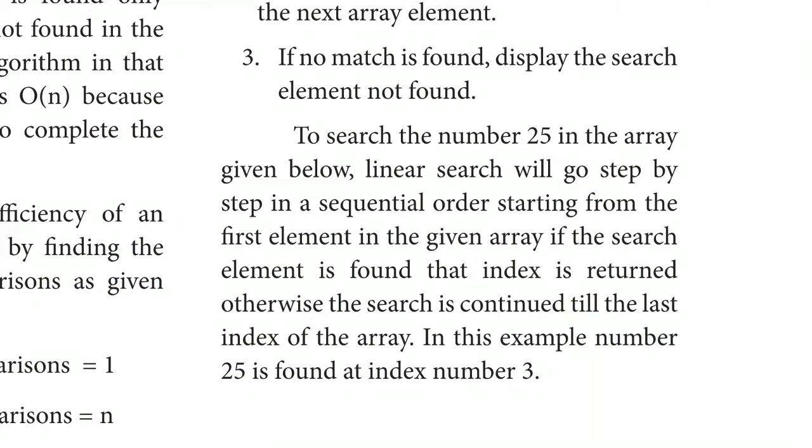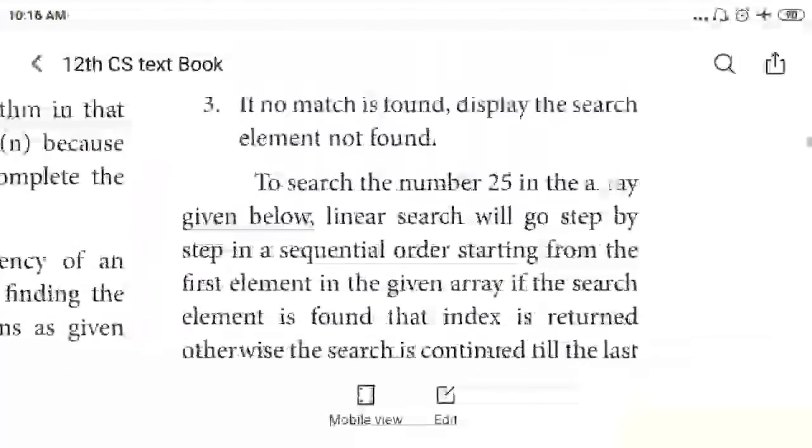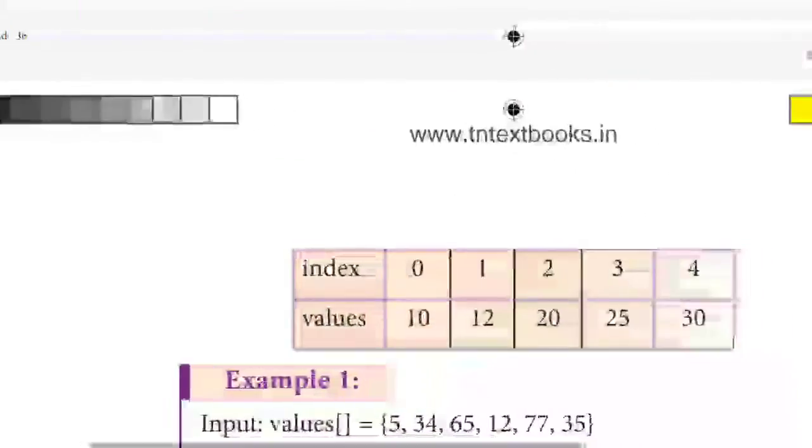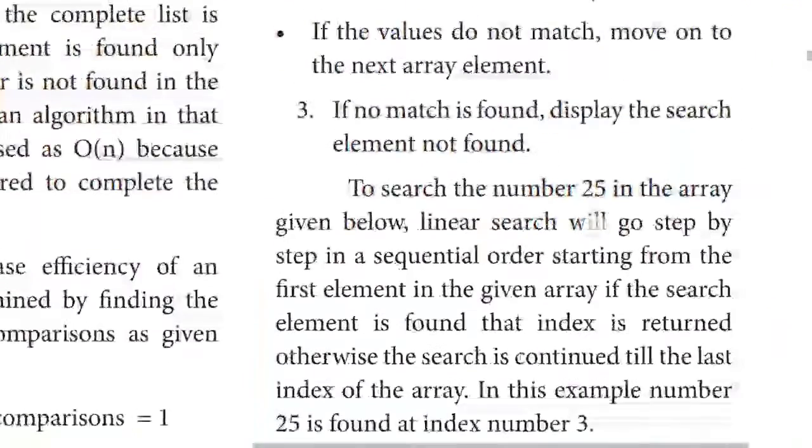In the paragraph you can see: to search the number 25 in the array given below. So you have to find the value 25 in the group of the array. Linear search will go step by step in sequential order, starting from the first element in the given array.